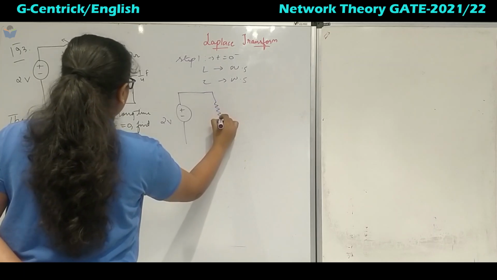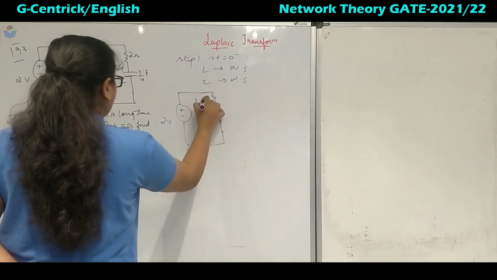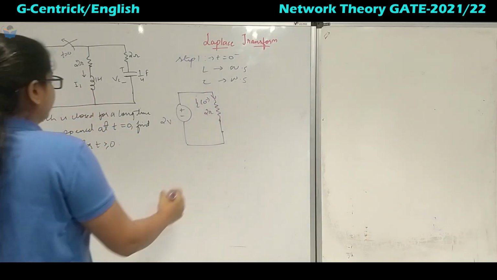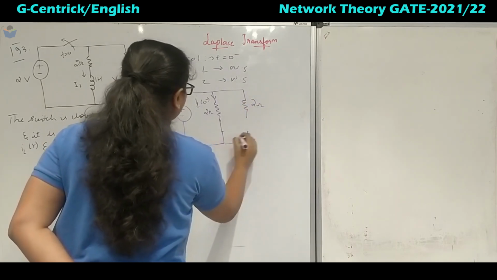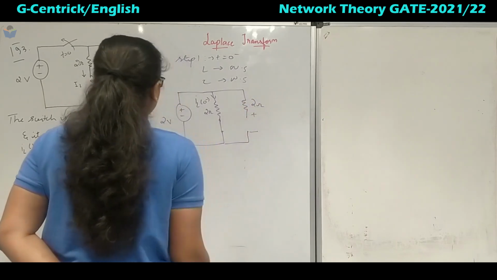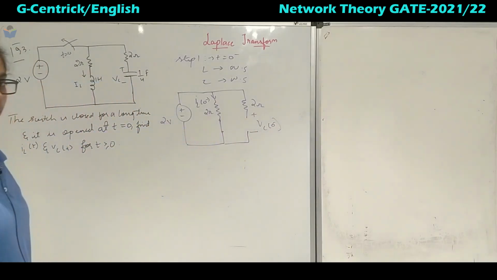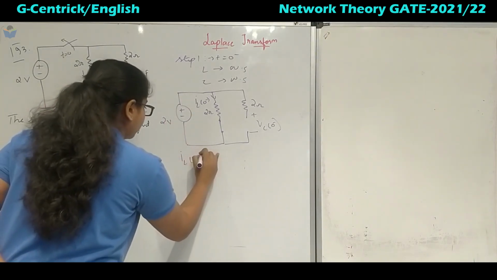This is a resistor and this is a short. The current through this is IL of 0 minus, and this is 2 ohm. Here we have 2 ohm again with an open circuit. The voltage across the open circuit is Vc of 0 minus. So now what we have to find is IL of 0 minus.